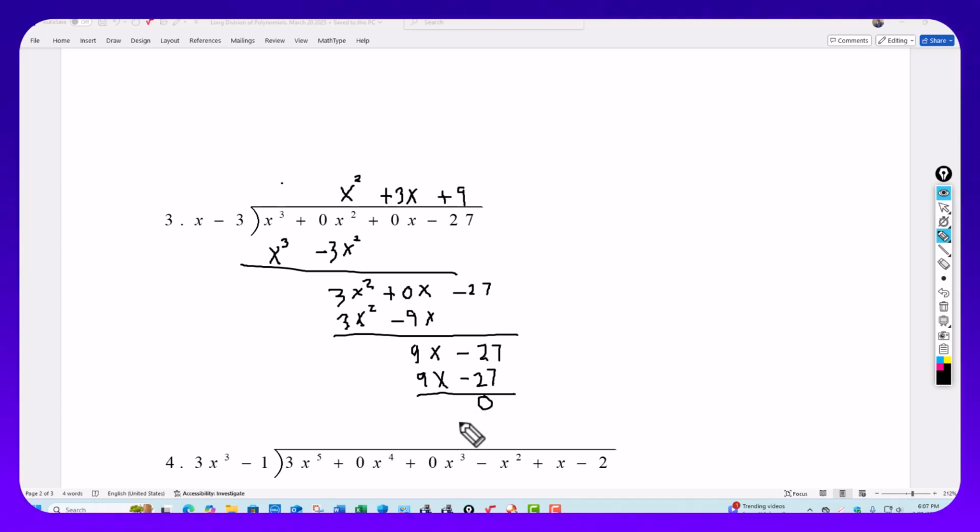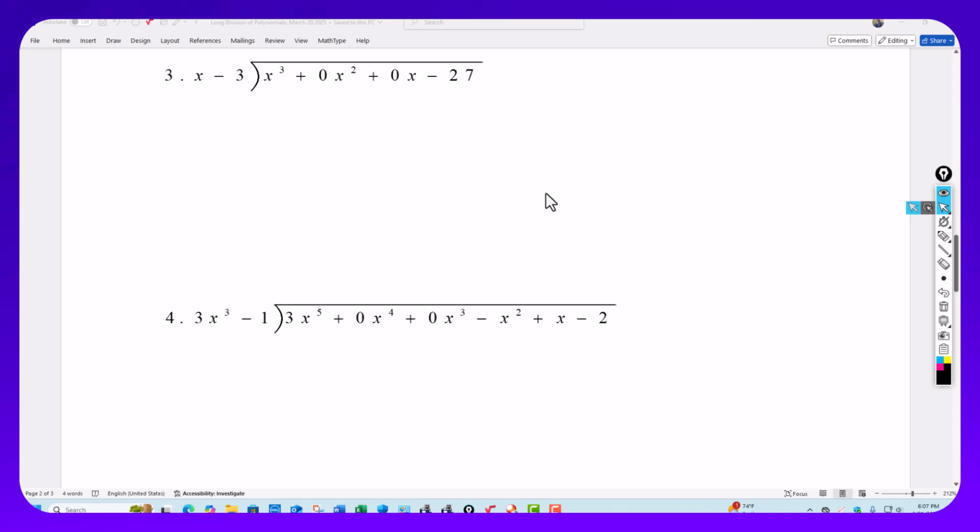So the remainder is 0. So that just tells me that x minus 3 is actually a divisor or a factor of the dividend, x cubed minus 27. So we can just give the answer this way: x squared plus 3x plus 9. You can say the remainder is 0, but this is the main thing right there.